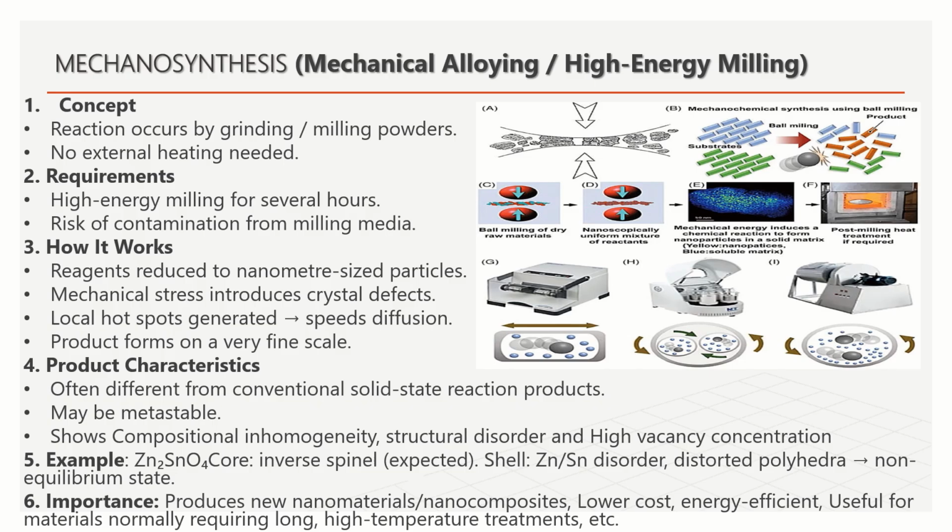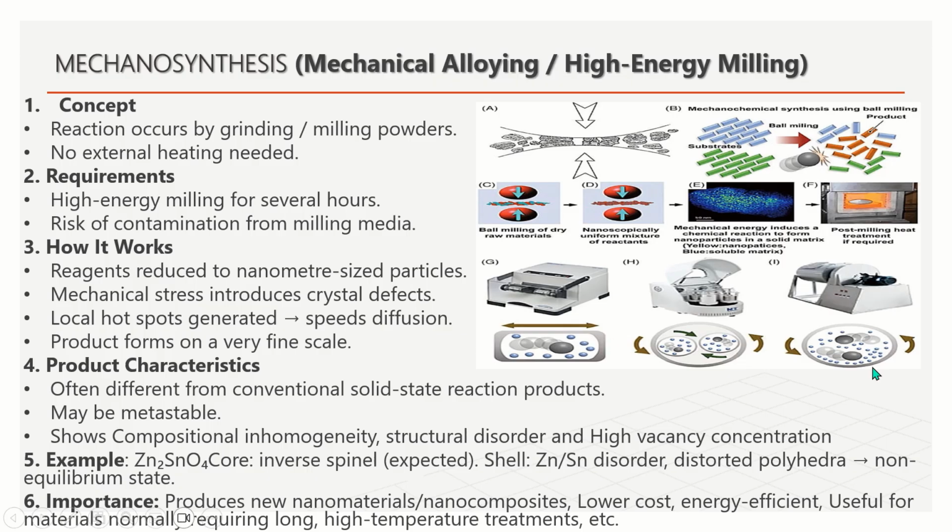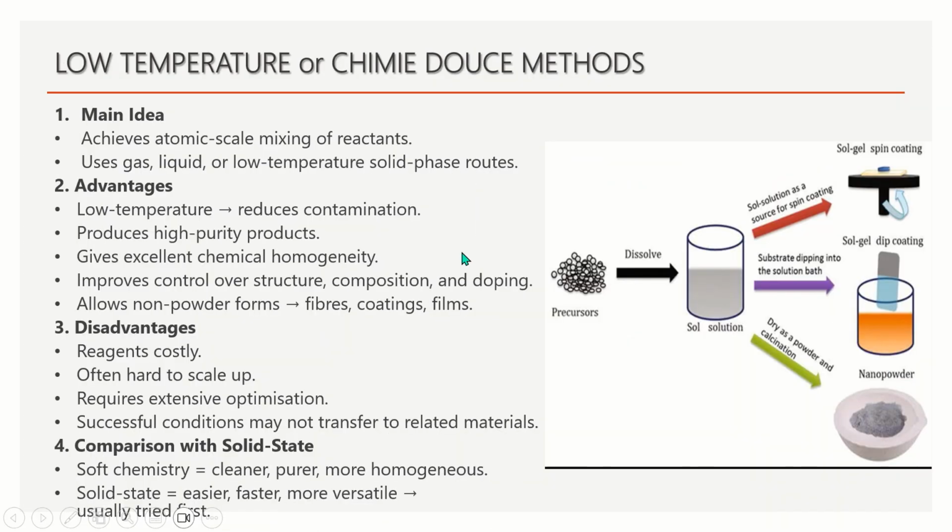This is why scientists developed several low temperature methods, also called chimie douce or soft chemistry methods. These include reactions in gases, liquids, and even some special solid reactions. They mix the reactants at almost atomic scale, so reactions become much easier and cleaner.